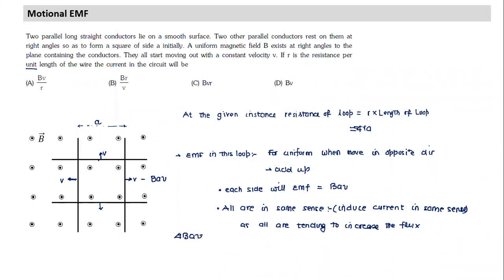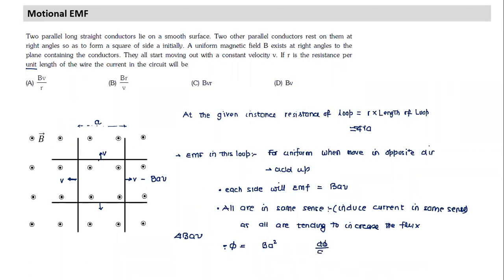Any other logic we can use to solve this question, Akash? Suppose we try doing a change in flux, sir. Correct, try doing change in flux. So what is flux equal to? Flux is equal to BA square. Right? So what is d phi by dt?